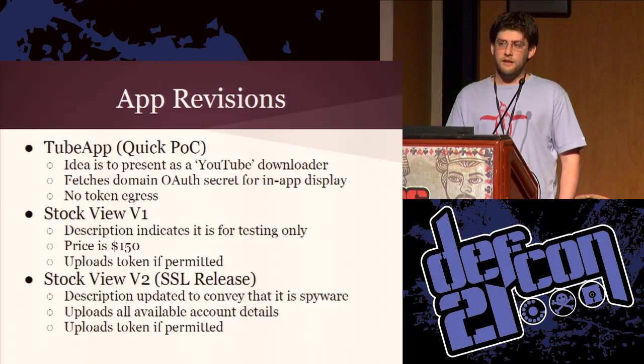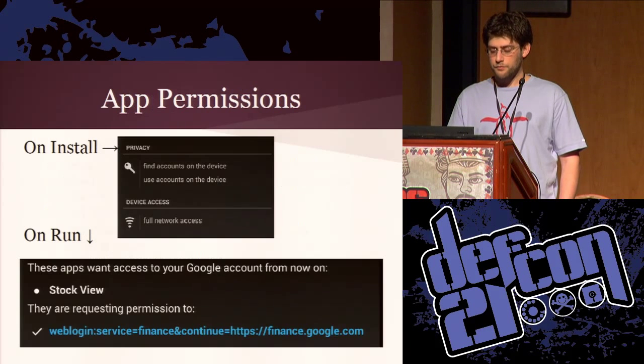And in response to some things that I saw with Bouncer, or lack of some things that I saw with Bouncer, I also added some code so that no matter what, when you run the application, it's going to enumerate your accounts list through the Account Manager API. This requires no permission request except in the application manifest, and that would get immediately uploaded. Then you would be prompted for permission for the WebLogin token. If accepted, that would get egressed over SSL.